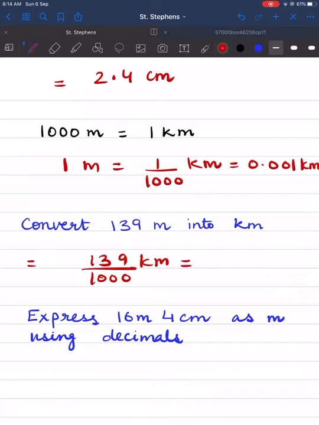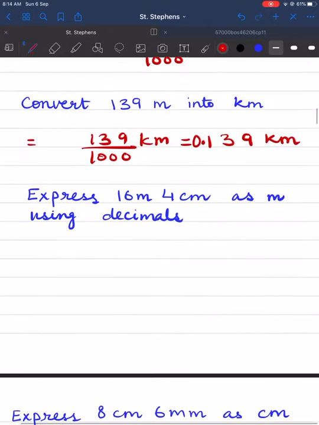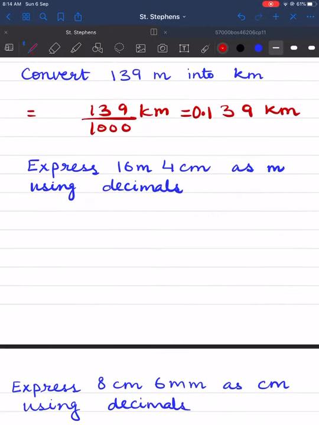Now as there are 3 zeros after 1 in the denominator, we count 3 decimal places from the right and put decimal. So we write here 0.139 kilometers.